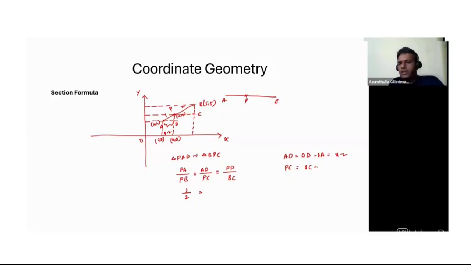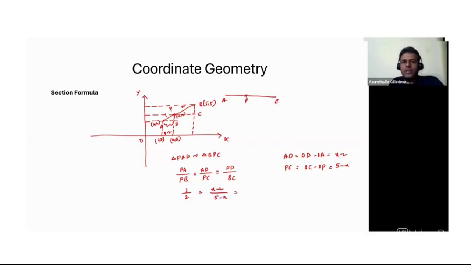So what is OP? Sorry, wait here guys. OD is nothing but OP. So OC is OB, which is 5, minus OP, or OD, which is x. So 5 minus x. So I can say AD by PC is (x minus 2) by (5 minus x).